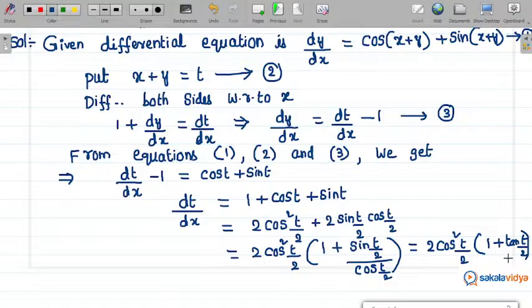Very interesting, beautiful problem this is. See, I will write the formula concept here; this concept you had better remember.